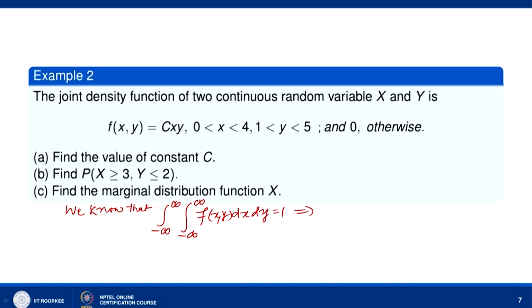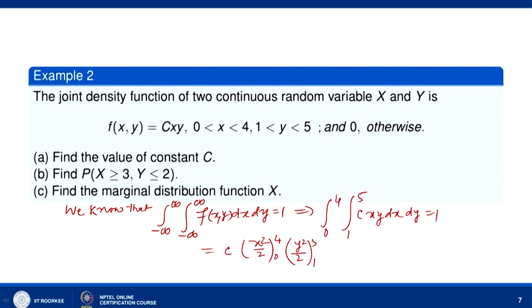By the definition of f(x, y), this implies the integral 0 to 4, integral 1 to 5, of cxy dx dy equals 1, because f(x, y) is 0 elsewhere.